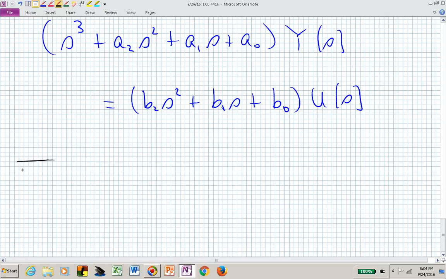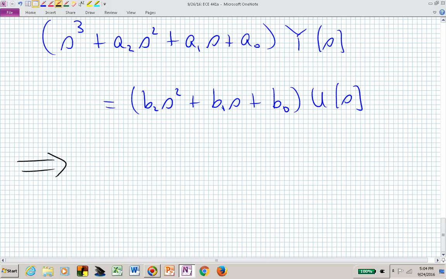It's now trivial, really, to take this into the time domain. That's a frequency domain relationship between the Laplace transform of the output and the Laplace transform of the input. Now we simply have to remember that multiplication by s in the frequency domain corresponds to differentiation in the time domain.